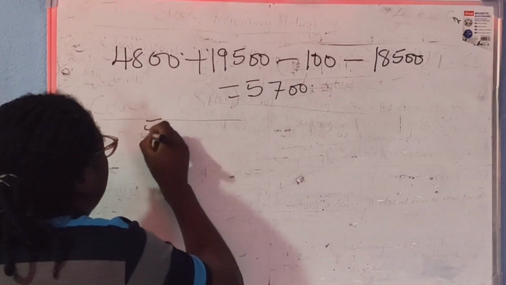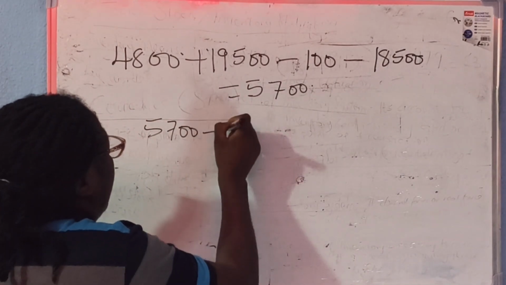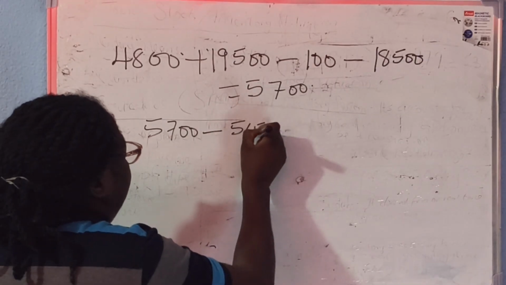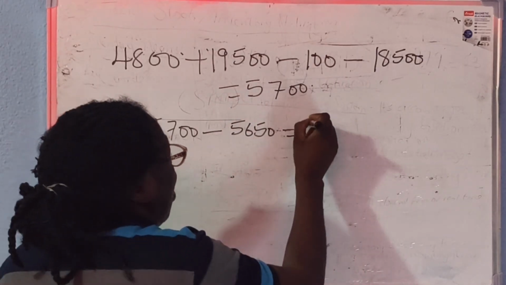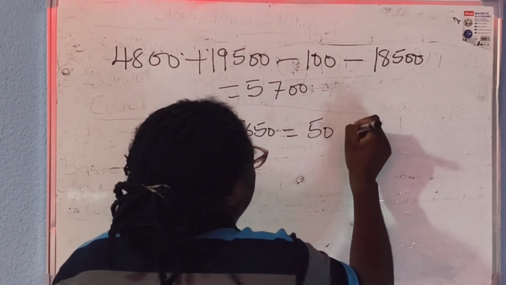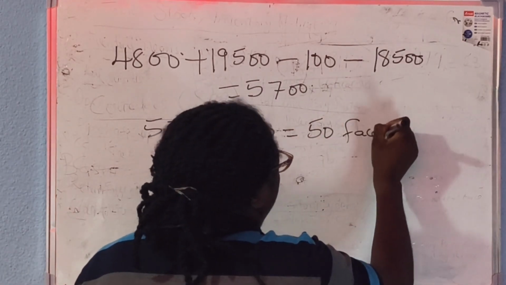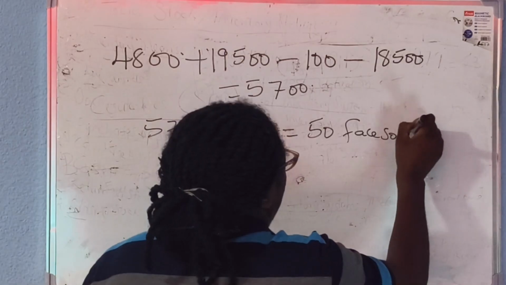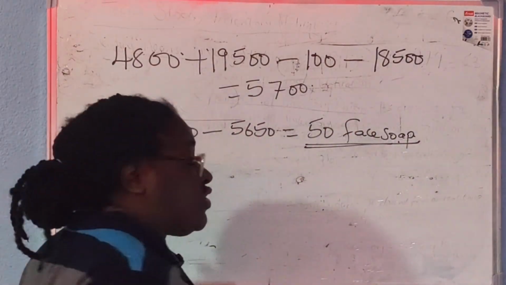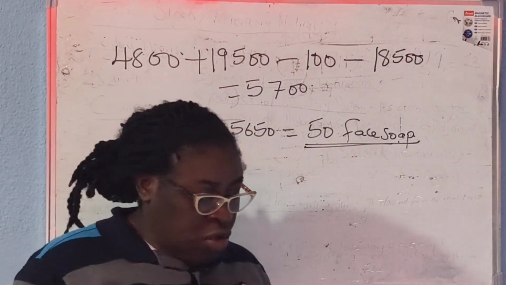So 5,700 minus 5,650 gives us a missing stock of 50 face soap.